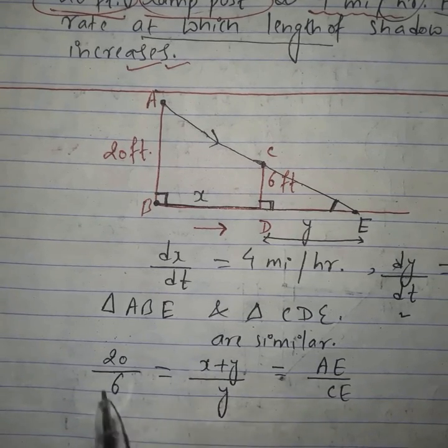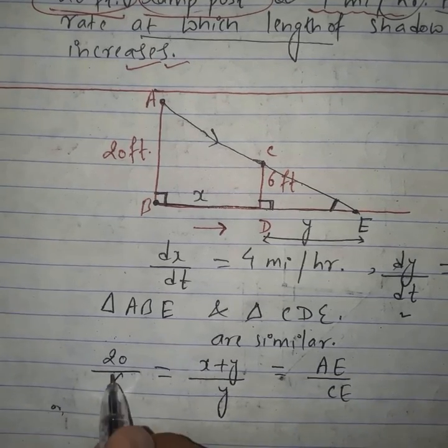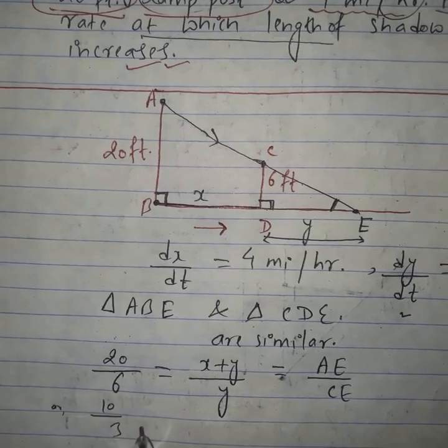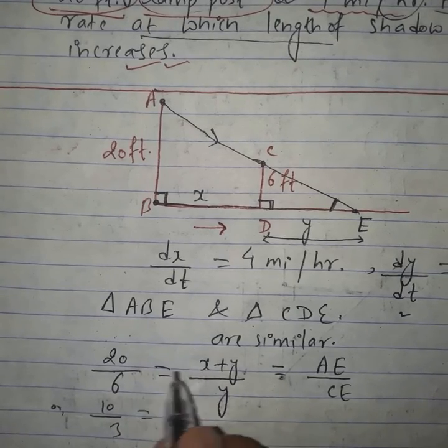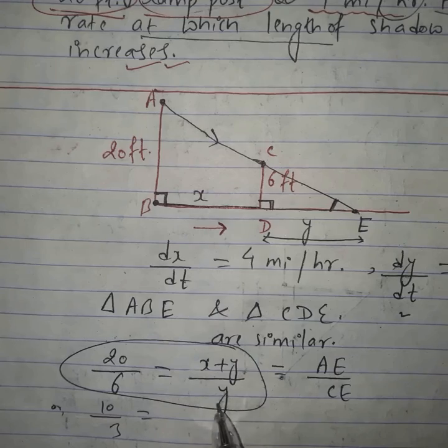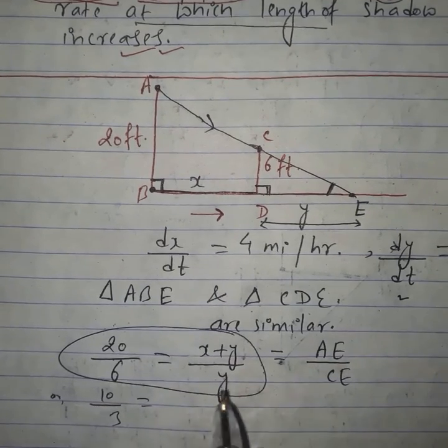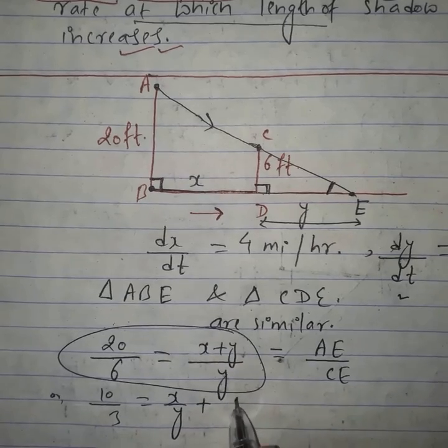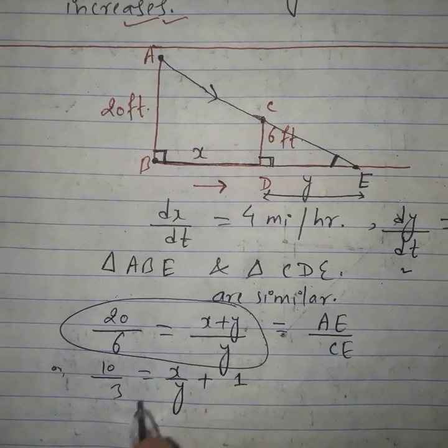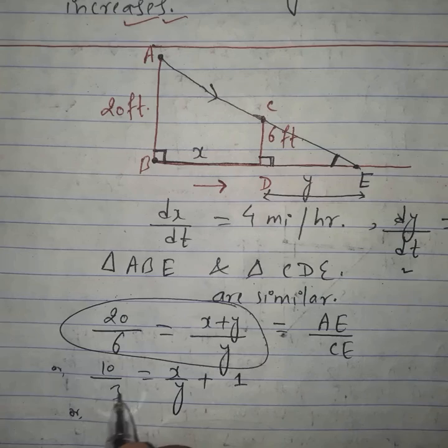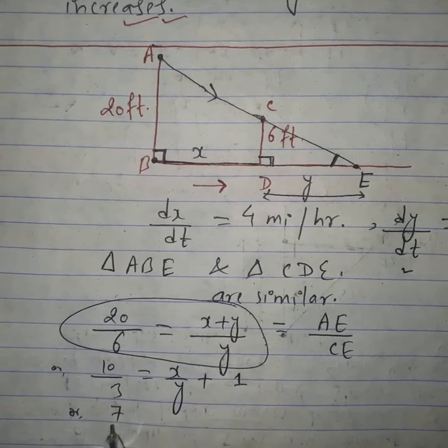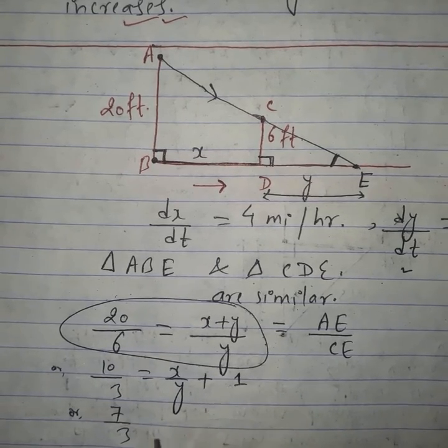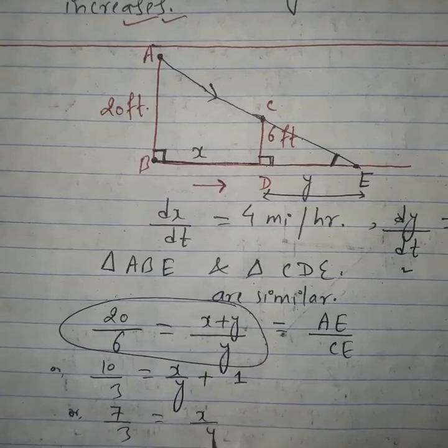So let's take the first and the second ratio. This is 10 over 3 equals x plus y over y, and we can distribute the y. Let's simplify: x over y plus y over y is 1. 10 over 3 minus 1 gives 7 over 3, and this is x over y.